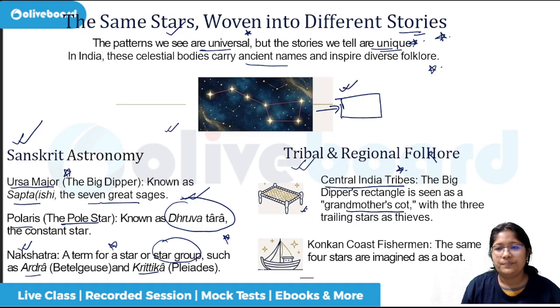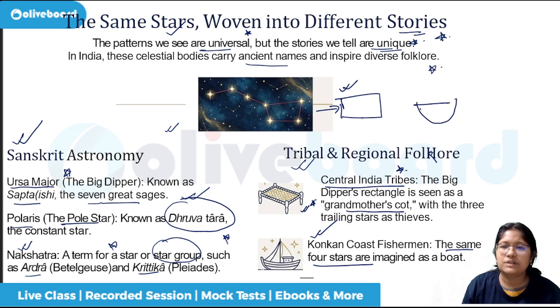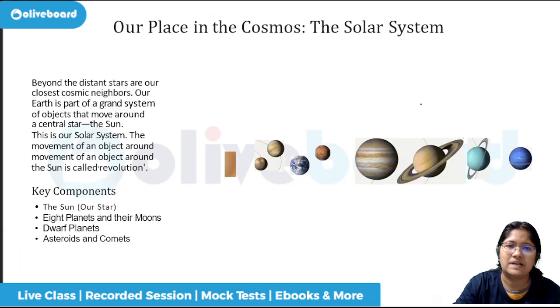As you can see, it is like this. And the Konkan coast fishermen see the same four stars and imagine them as a boat, right? So a boat is imagined like this for the same four stars. So there are different stories.